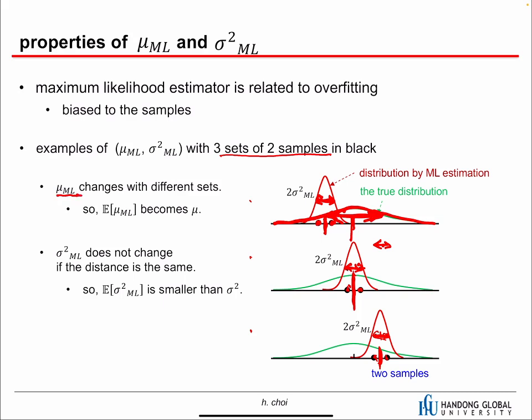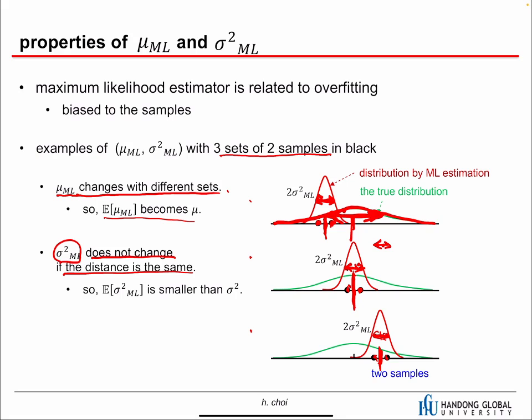The MLE mean changes with different sets, here and here and here. So the expectation converges, actually becomes mu itself. But sigma square ML does not change if the distance is the same. In this case, we use some specific types of samples here, but if the distance is the same, then the sigma does not change.